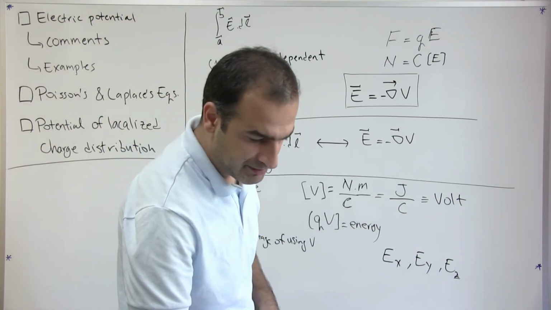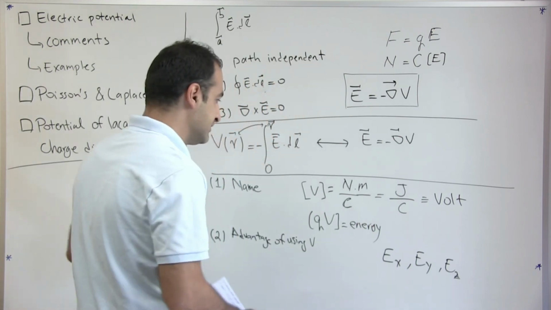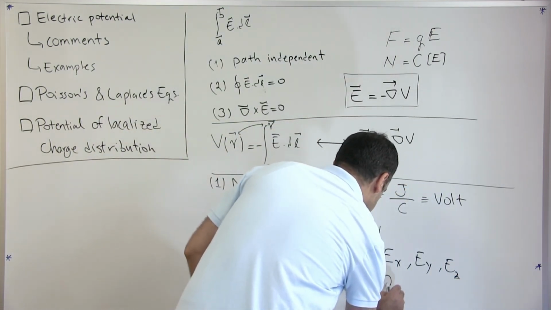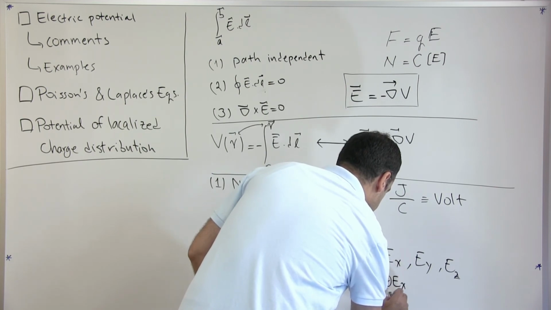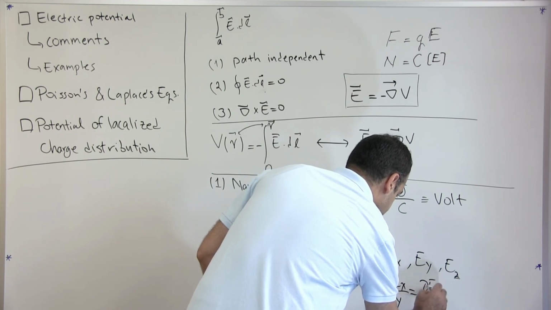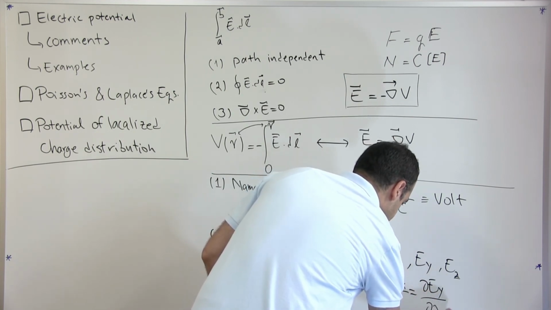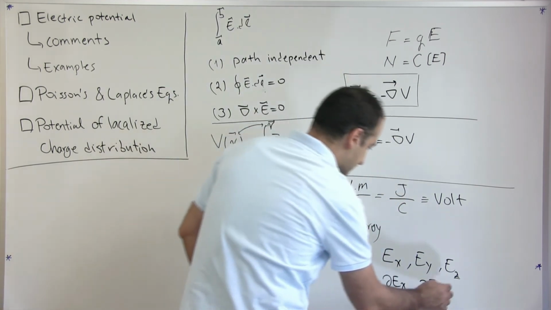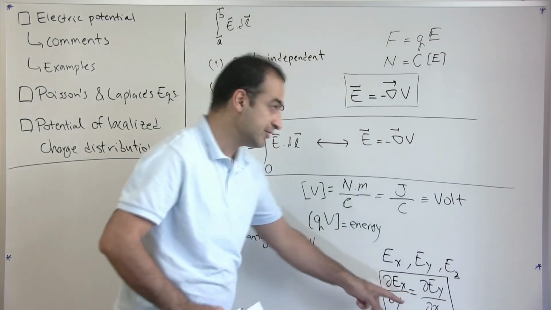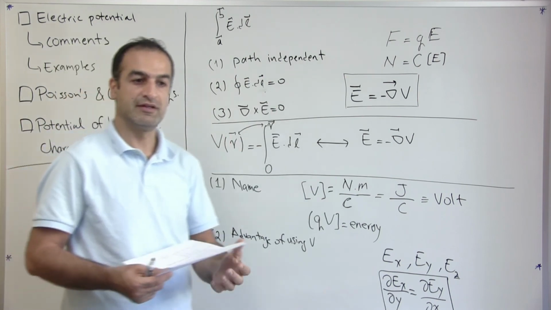Okay, and that means if you want the curl to be 0, for example, what we should have is this. We should always have partial derivative of Ex with respect to y equal to partial derivative of Ey with respect to x. Okay, so we need to satisfy these conditions in order to make the curl of the electric field become 0.